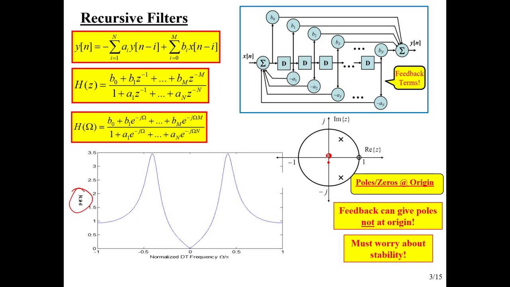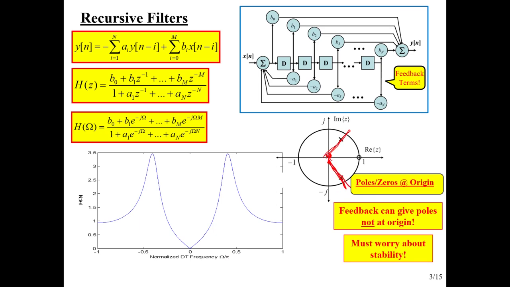One thing you should be familiar with is being able to look at a pole zero diagram and get a rough idea of what the frequency response is going to look like. You should be able to see these poles here and say, okay, those are going to give me spikes, because they're fairly close to the unit circle, at frequencies near the angle at which those occur.